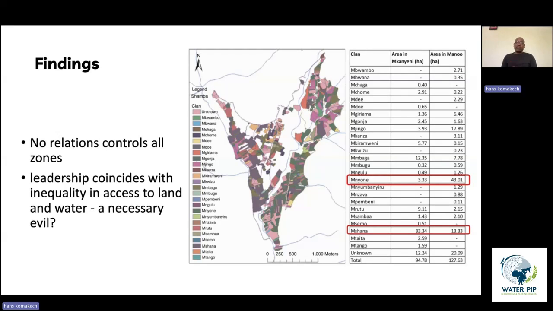If I pick those two clans where I put the red box, Nyone and Shana, you'll see that in one canal they have higher land access, while in another canal they have lower land access.